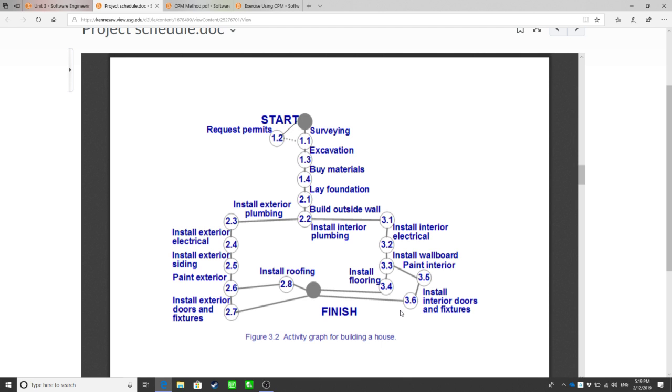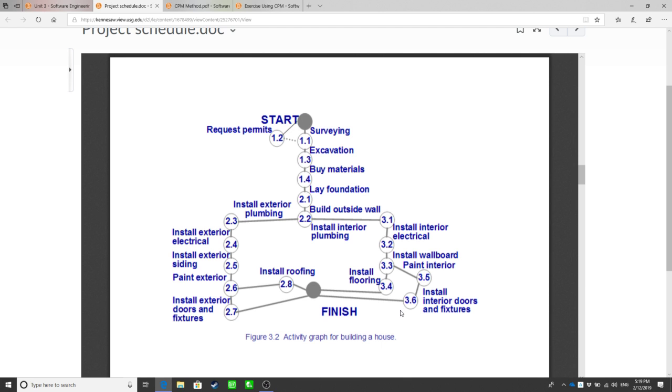You go from 2.7 to finish. You also go from 2.8 to finish. Right. So installing roofing, 2.7 is install exterior doors and fixtures, that really doesn't depend on each other.